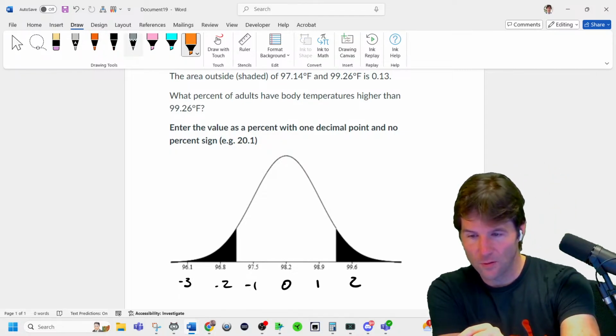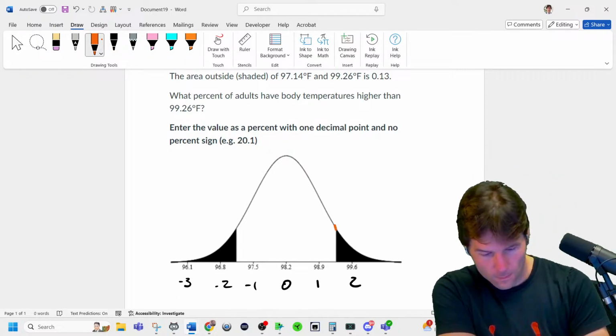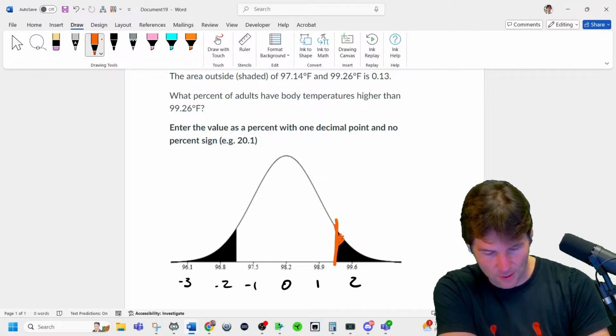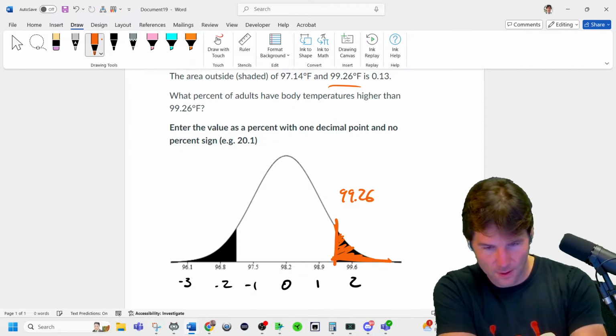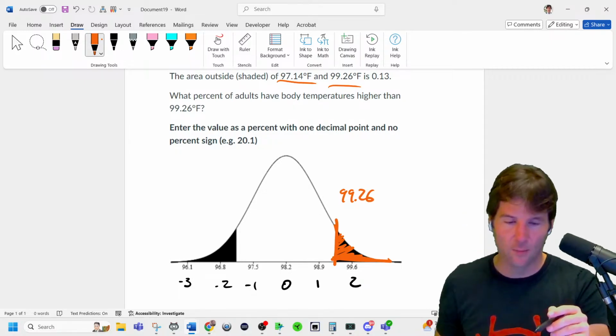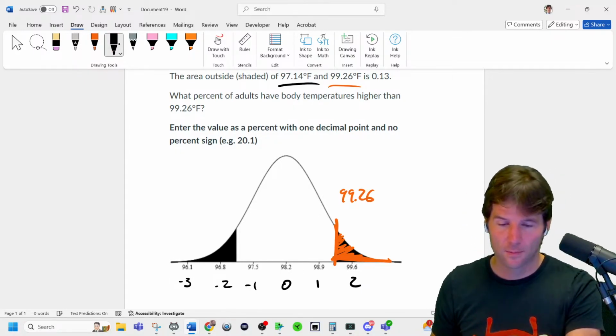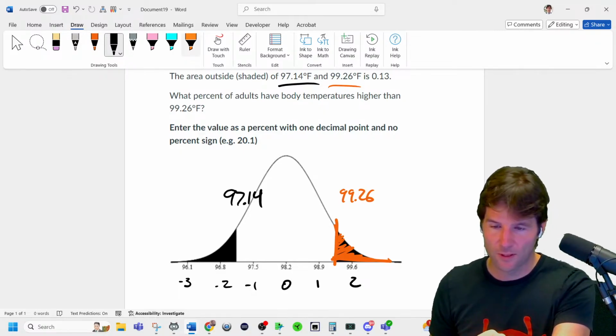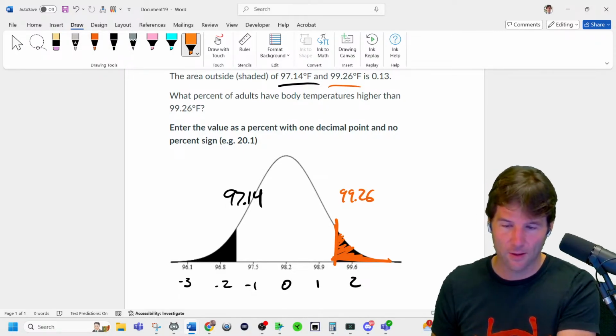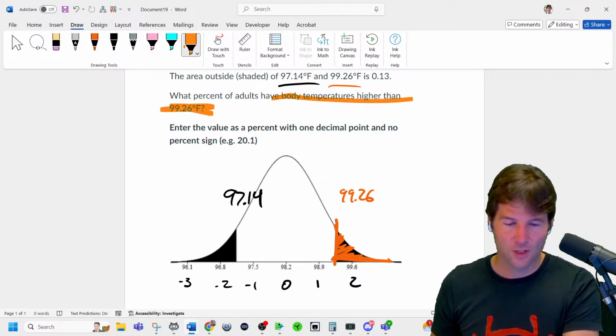So we are looking for how much is this area? Because the curve says 99.26 right here. This down here, which is not important, so I'm going to put in black, is 97.14. We're interested in that one. What percent of adults have a body temperature higher than this? So we want temperatures higher than that.